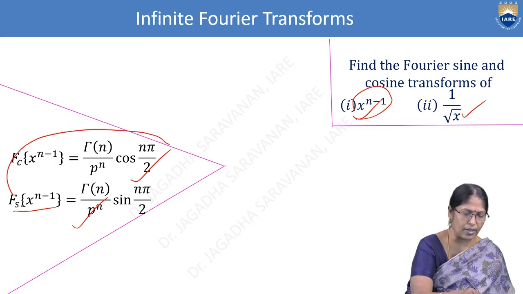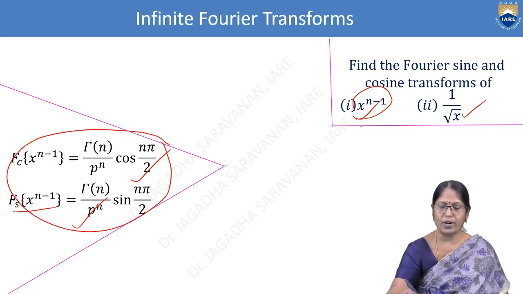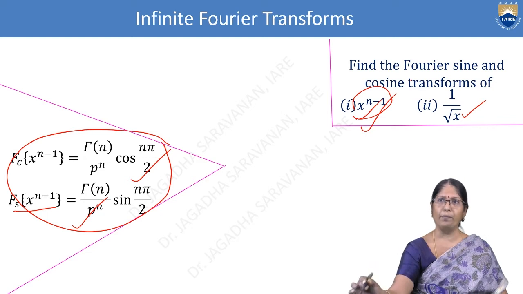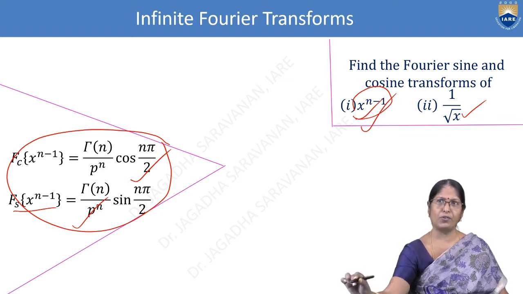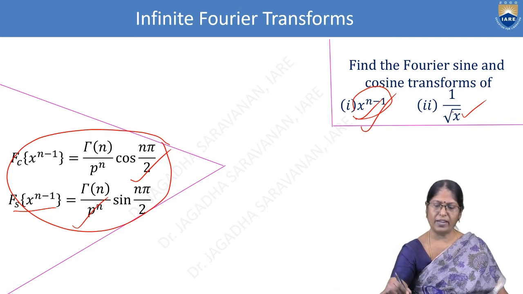These two results we got for the function x power n minus 1. The first part we completed. For the second, we are not going to apply the Fourier sine or cosine transform formula directly. We want to avoid that direction.